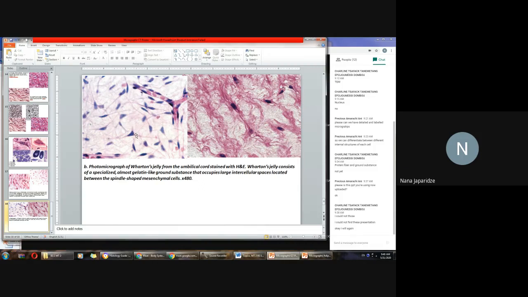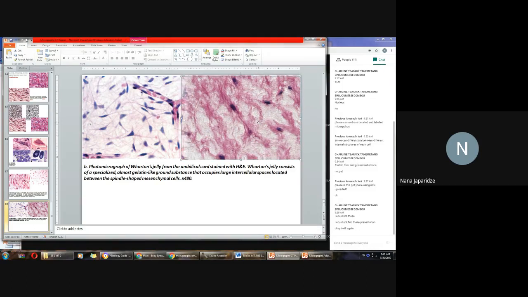Look, the cells are interconnected with each other and give rise to the jelly-like structure. For example, this tissue forms this jelly-like structure in the umbilical cord, which suspends the blood vessels in the umbilical cord.